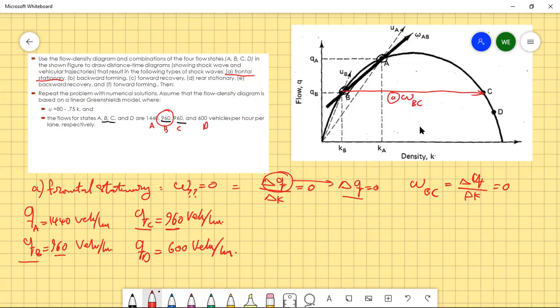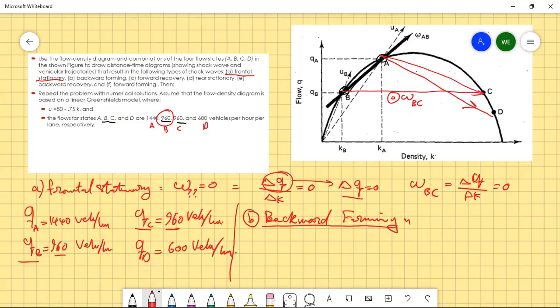Backward forming, that means we need to have a flow higher, then an increase in density, and so AD can be a backward forming. Also AC can be a backward forming.